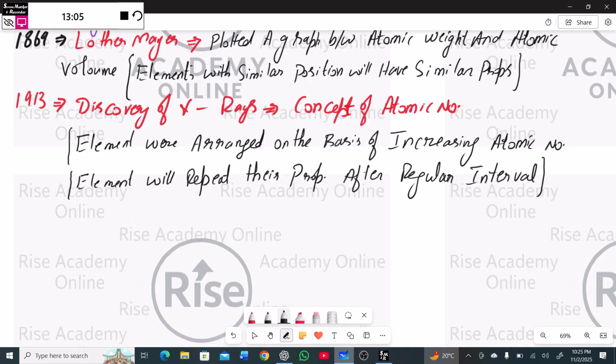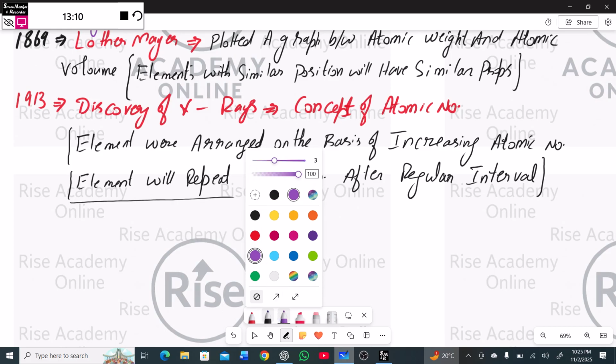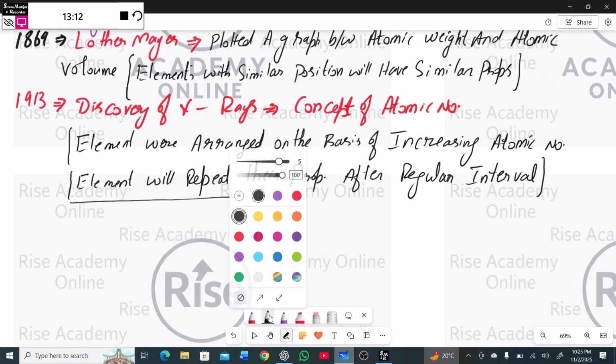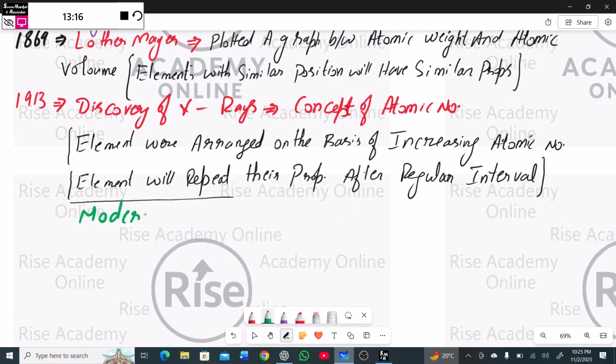So that was the modern periodic law. And this periodic table developed by Moseley is currently used. So that is how this current form of the periodic table was developed.